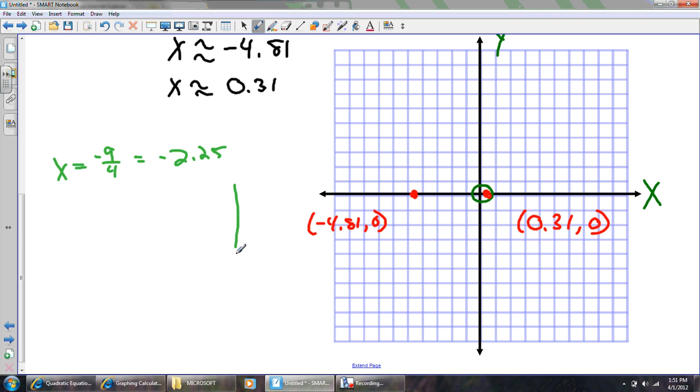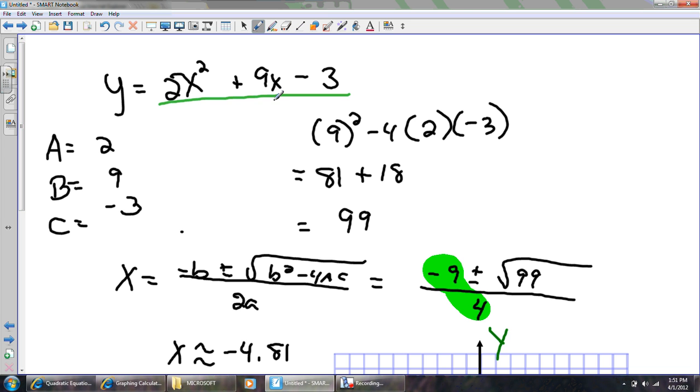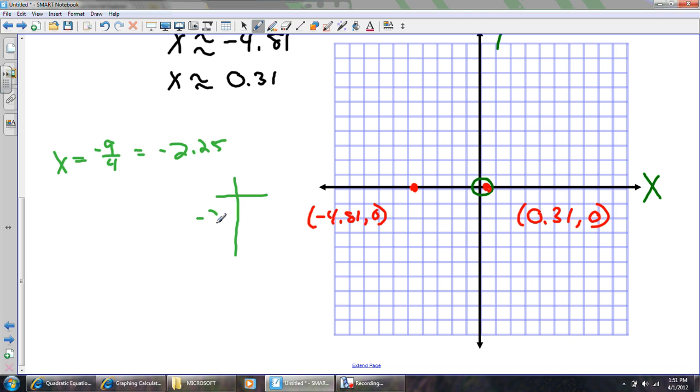And then I can go to my t-table, and I'm plugging into the original equation, this equation right here. At this point, I'm going to be careful, but I'm going to use my calculator. I have 2 times negative 2.25 squared plus 9 times negative 2.25 minus 3.